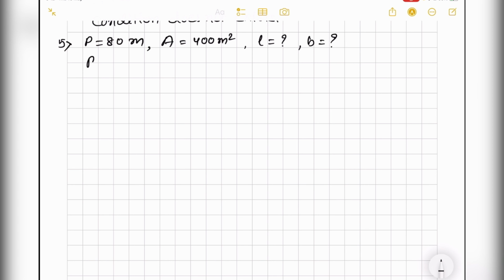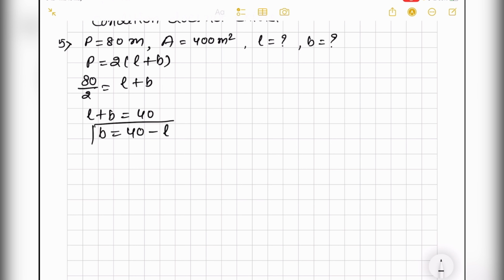So perimeter is 2 into L plus B. So 80 divided by 2 equal to L plus B. So L plus B will be equal to 40. So B I can say 40 minus L.